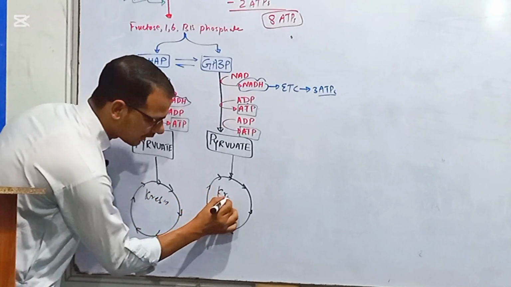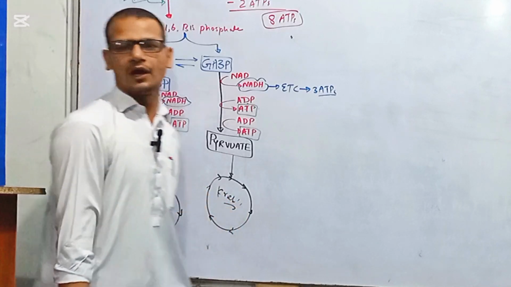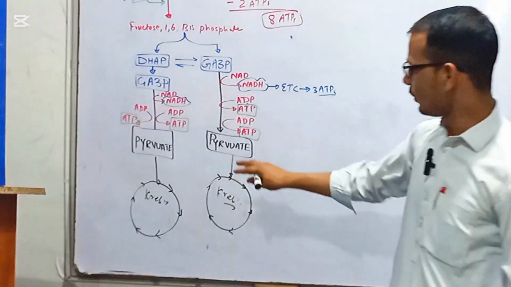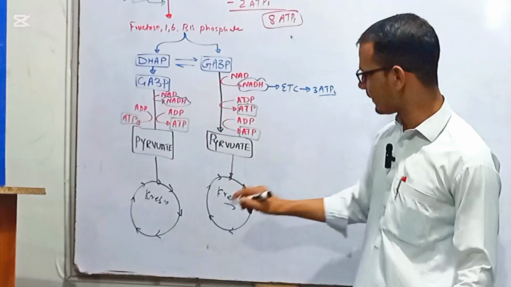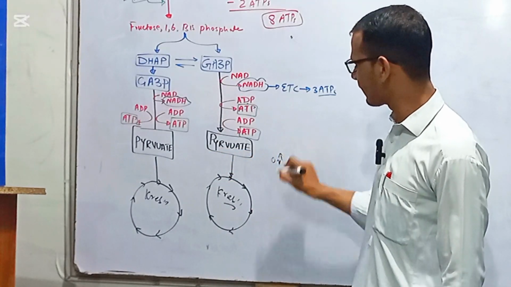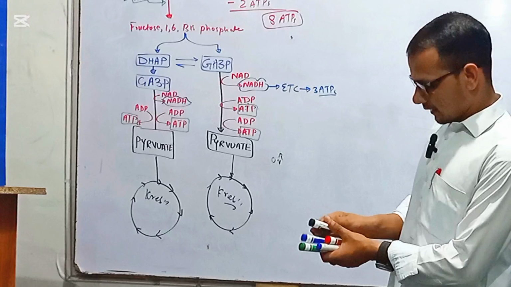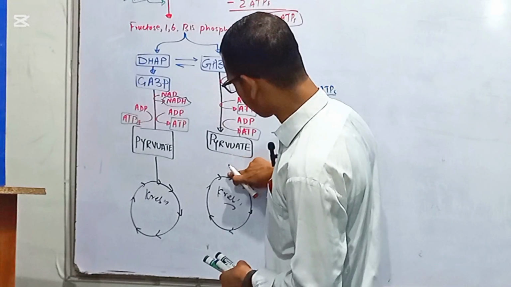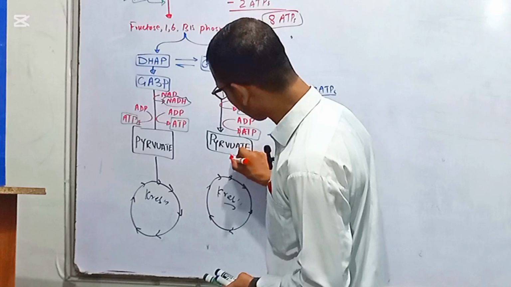So for one glucose molecule, how many Krebs cycles will run? 2, because 2 pyruvates are formed here when enough oxygen is present, right? This reaction, I will explain today.